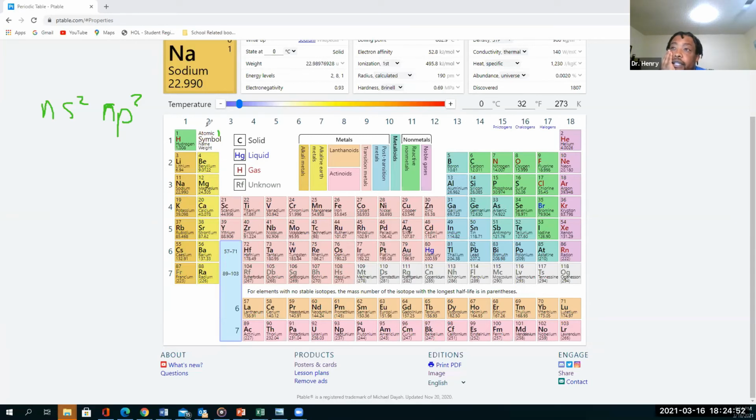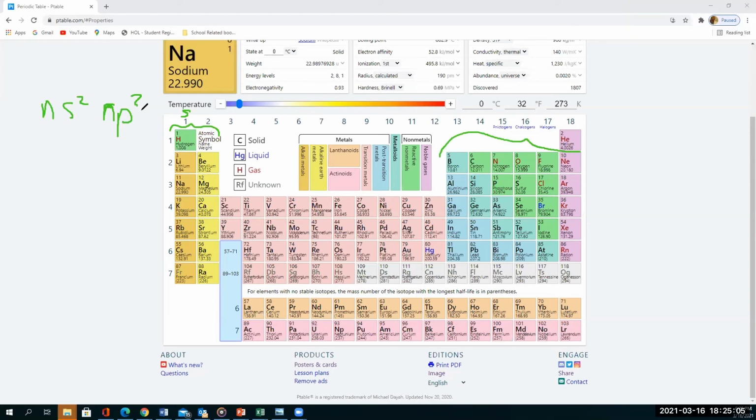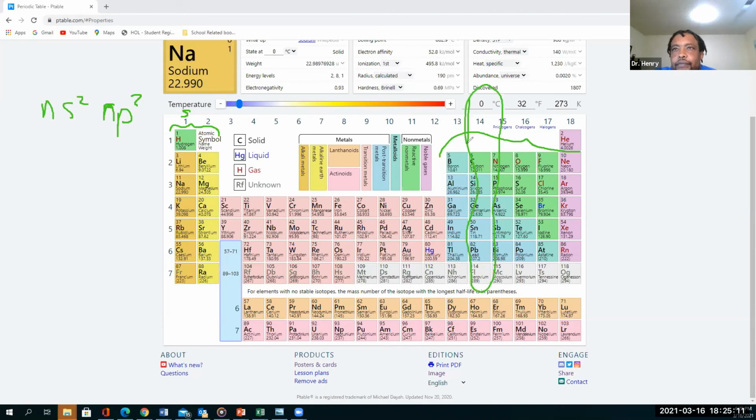Okay, this would be s, this would be p. So I'm saying I have 2 electrons in the p. Group 14, carbon. Right. Does that make sense? Okay, so then it would be group 14.